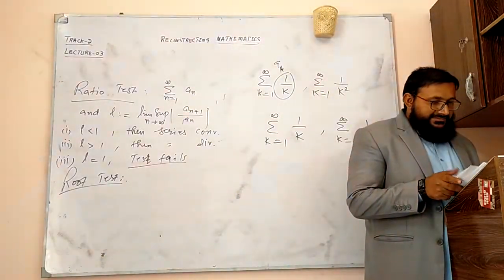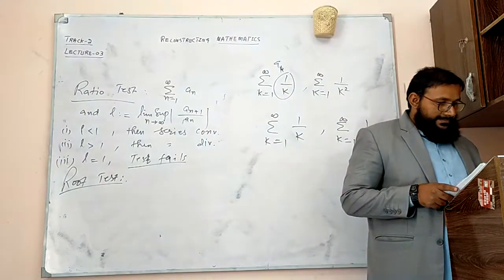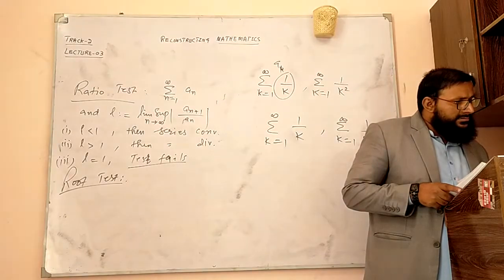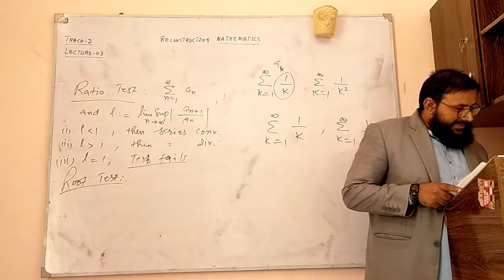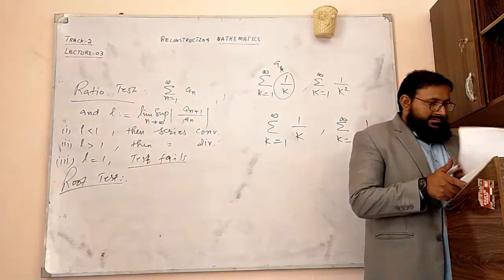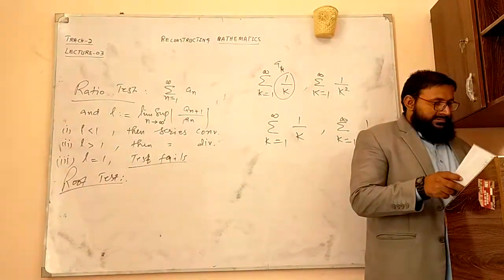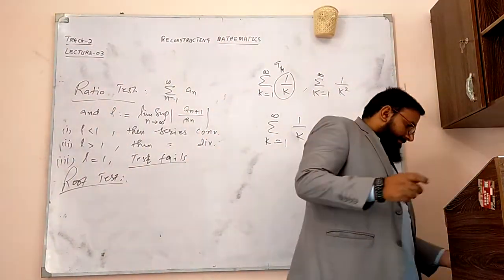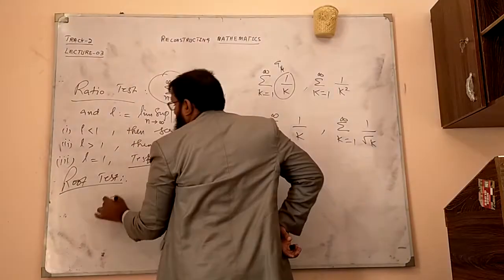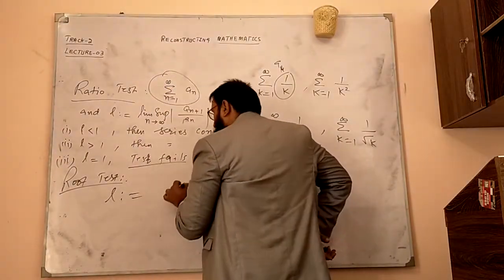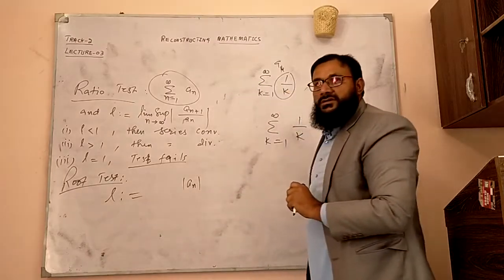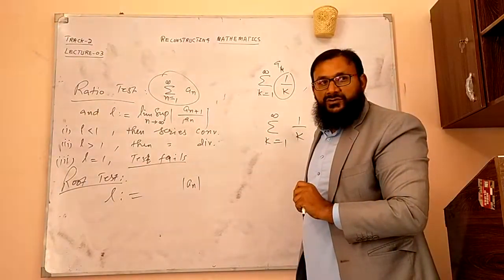How about the root test? You are given the same thing. You define L to be the limit of the nth root of the absolute value of a_n, always in the sense of absolute value, otherwise you can't find its nth root, it would be problematic.